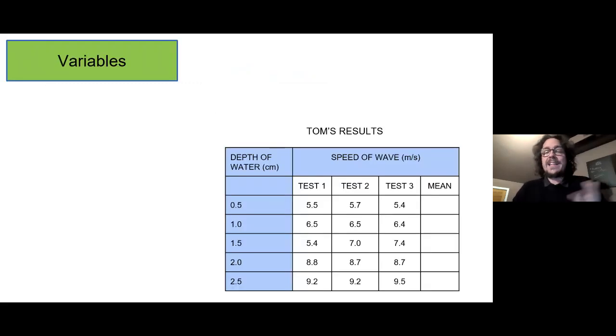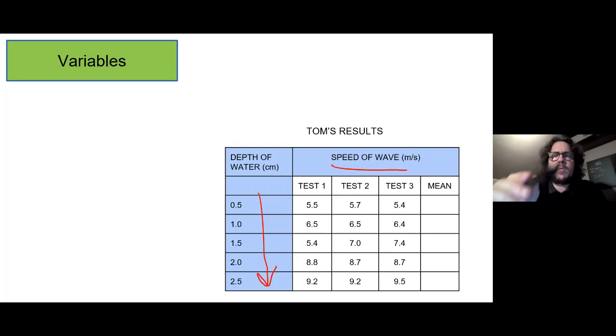So you add more water, and in adding more water to the tray, increasing the depth of the water, which you can see here, you are essentially then seeing how that affects the speed of the wave, which we see here. So variables.